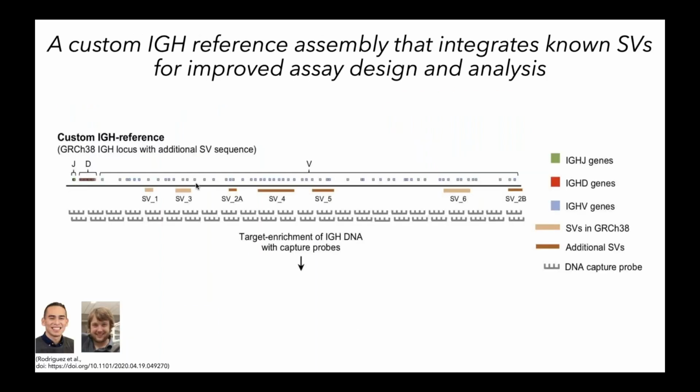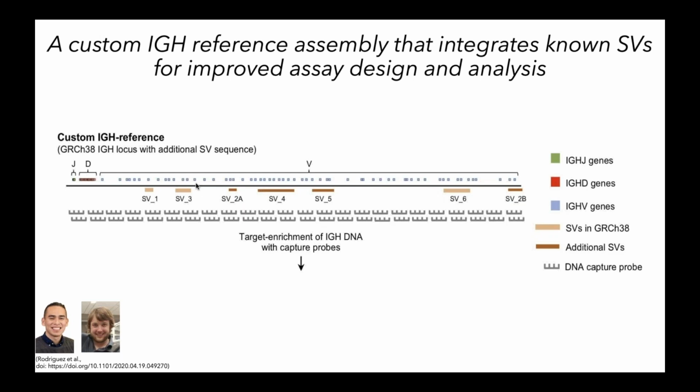And so the first step of this process has been thinking about, I've been harping on this idea that one reference assembly is not enough. And so one of the first things we did was try to figure out how do we incorporate some of this known haplotype variation into a better reference assembly.